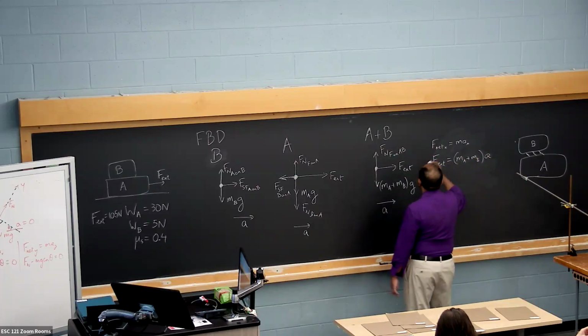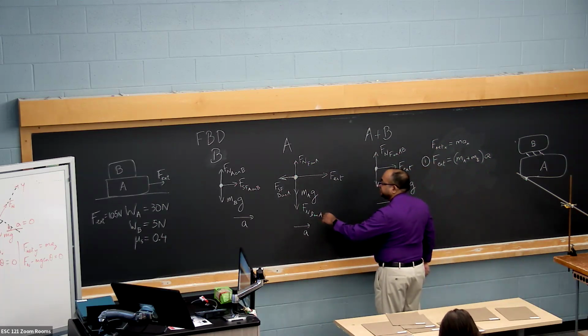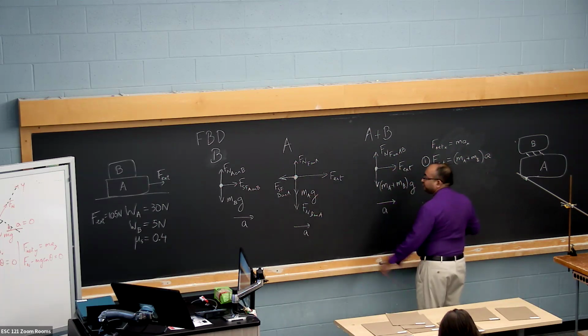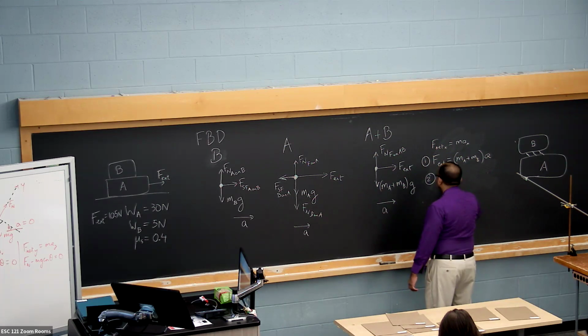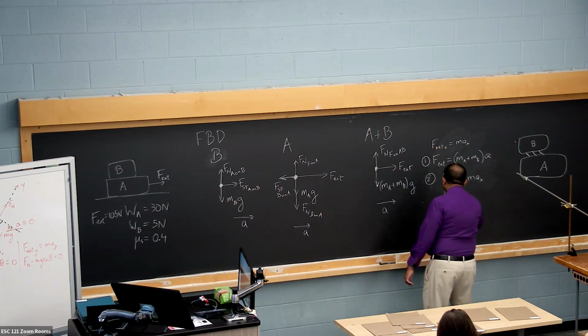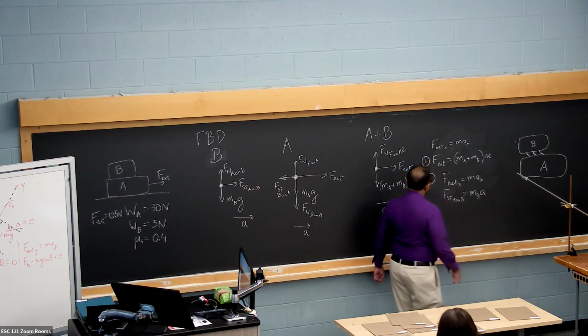That's equation 1. Let me do equation 2 for block B. Again, F net x equals m a x, and now the force of static friction of A on B equals mass of B times a.